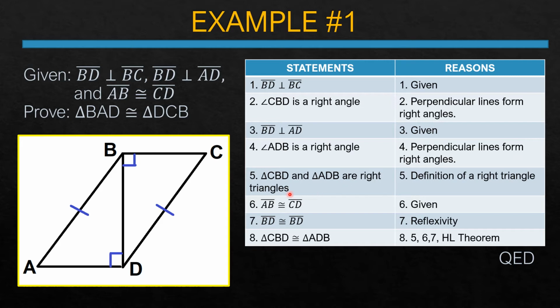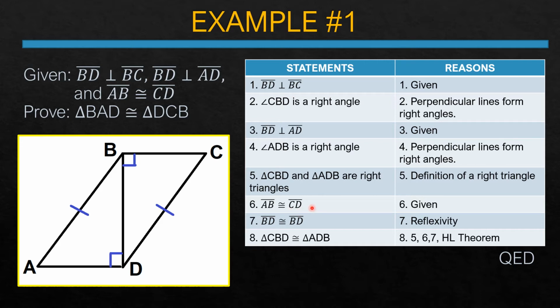Statement 5 is a consequence of statements 2 and 4, which states that triangles CBD and ADB are right triangles by the definition of a right triangle. Statement 6 is another given, which states that line segment AB is congruent to line segment CD.